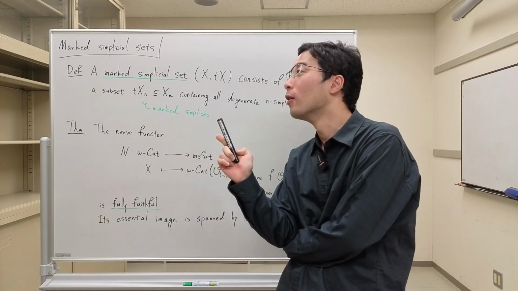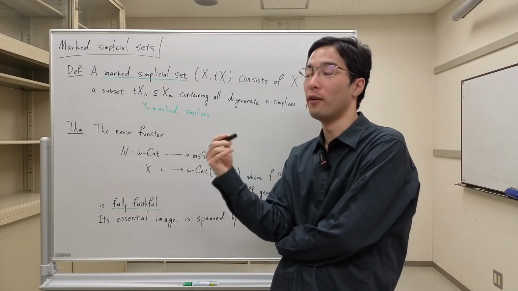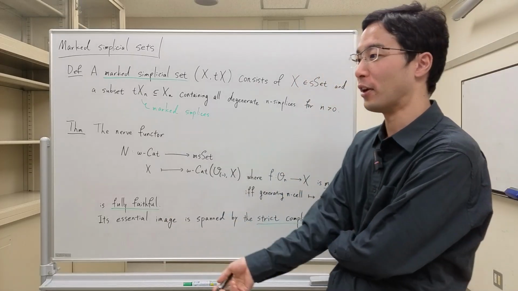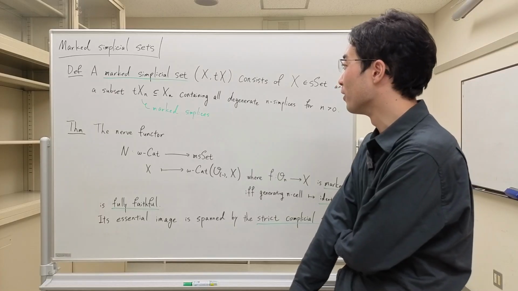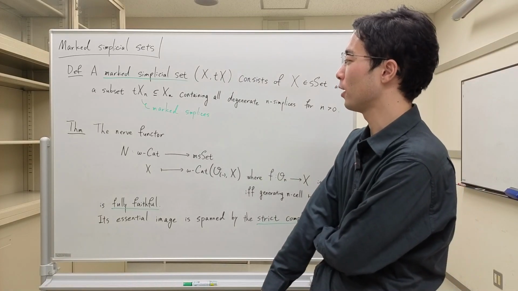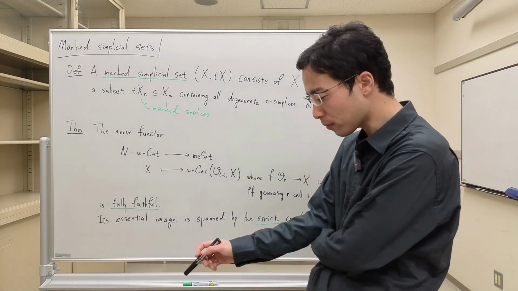And so, in particular, you can't recover the composition that you had in the original strict omega category. That's how the nerve functor into the simplicial sets fails to be full.